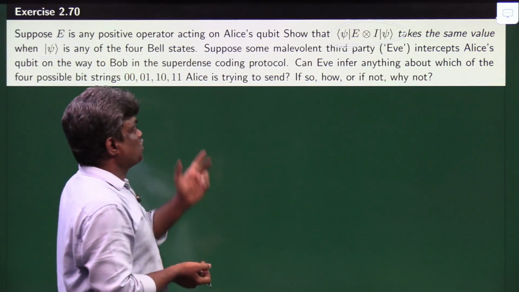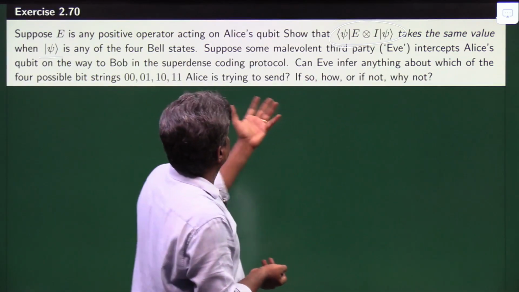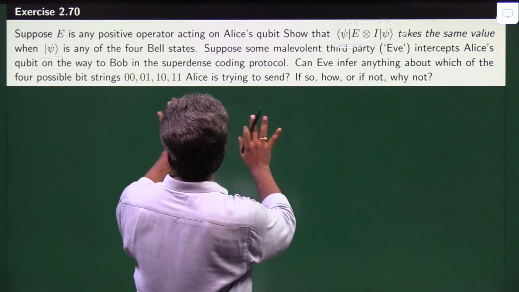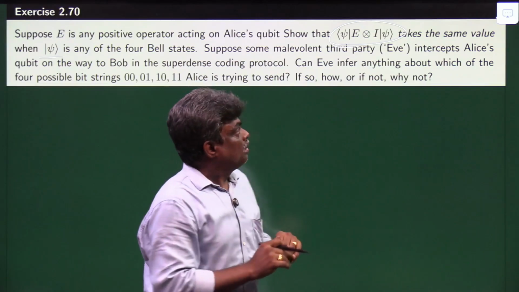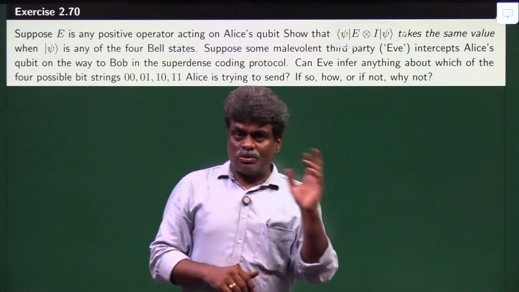So this third party doesn't know what. This is related to information. Fine, let us do the mathematics first.